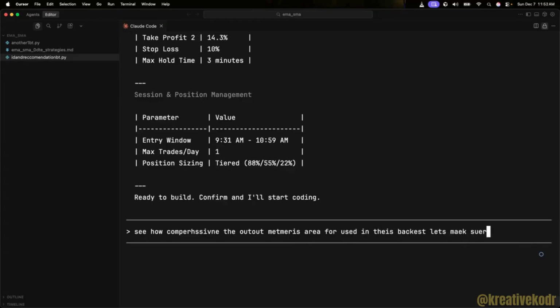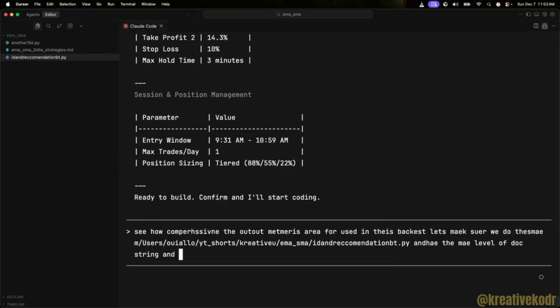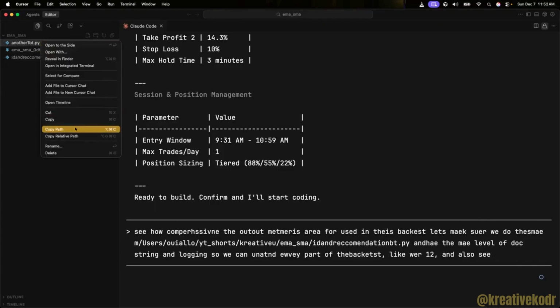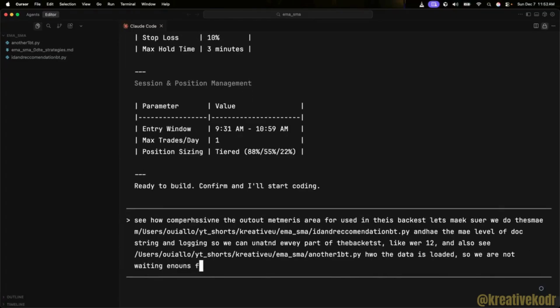Let's make sure we do the same and have the same level of doc strings and logging so we can understand every part of the backtest, and also see how the data is loaded, so we are not waiting eons for the backtest to run.